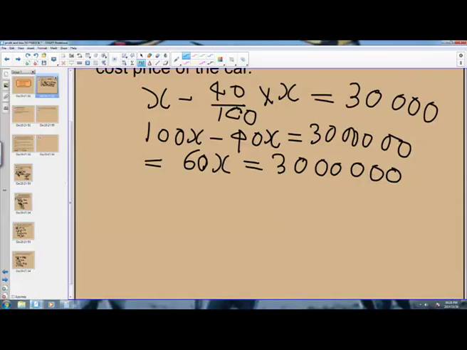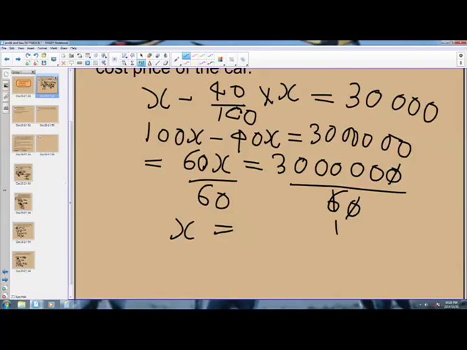Now, this simply means we have to divide both sides by 60 because we are solving for x. Divide by 60, and then our x will be equal to this. 6 into 30 is 5, and then 6 into each of the remaining 0s gives 0.